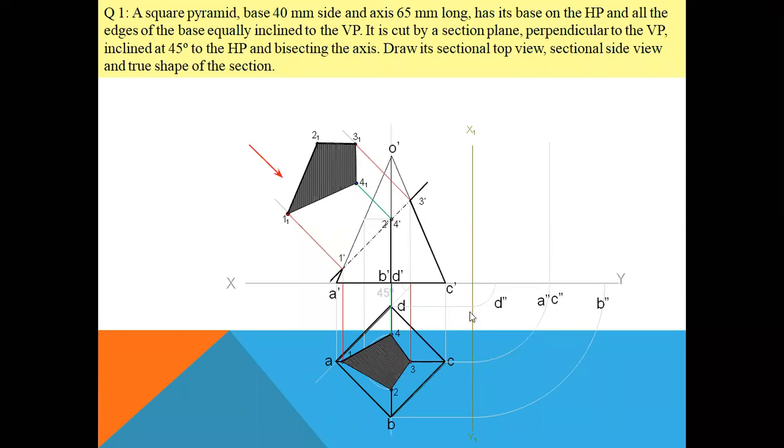Okay, so from this point till this point, you take this distance and just rotate it, and you will get the AC. Similarly for all other lines.